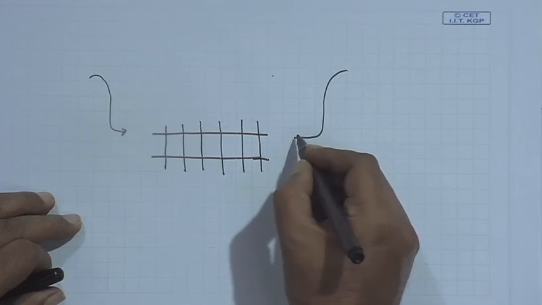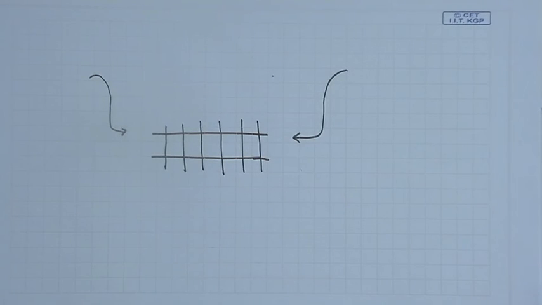Either a train can come from this side or a train can come from this side. And you are designing a signaling system so that there is no accident or something like that.